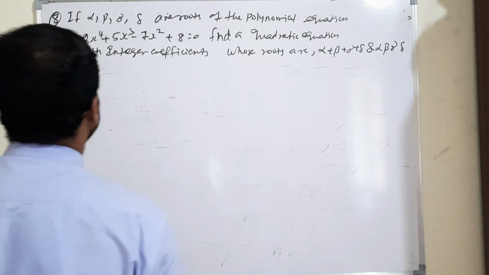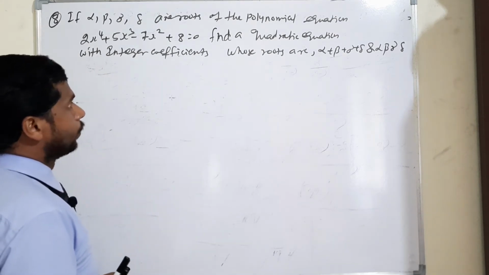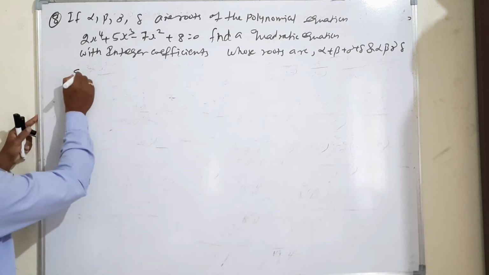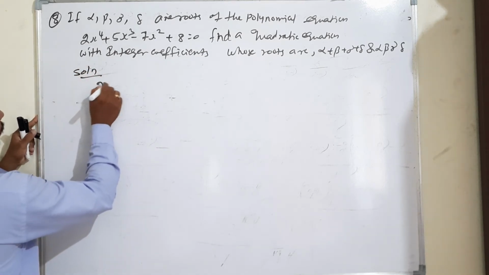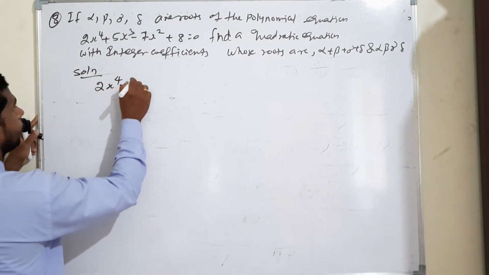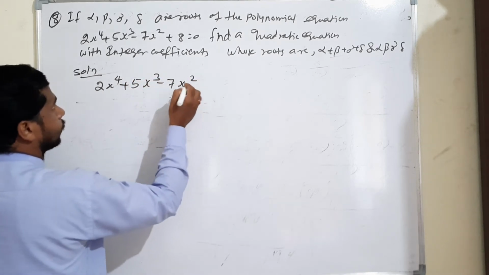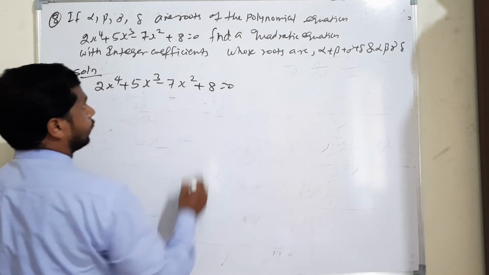So, question number 8, if alpha, beta and gamma are the roots of the polynomial equation 2x to the power 4 plus 5x cube minus 7x square plus 8 is equal to 0.